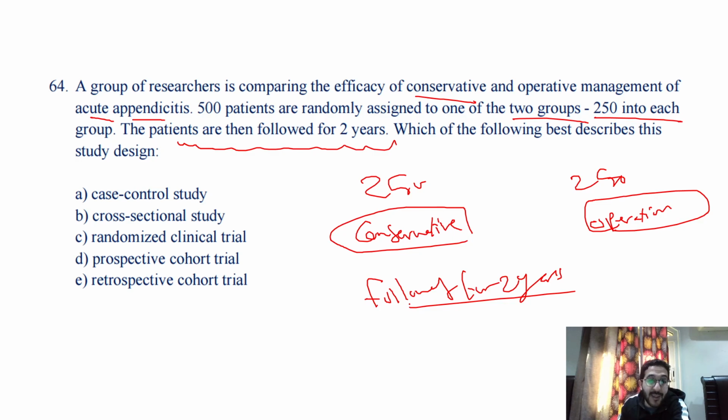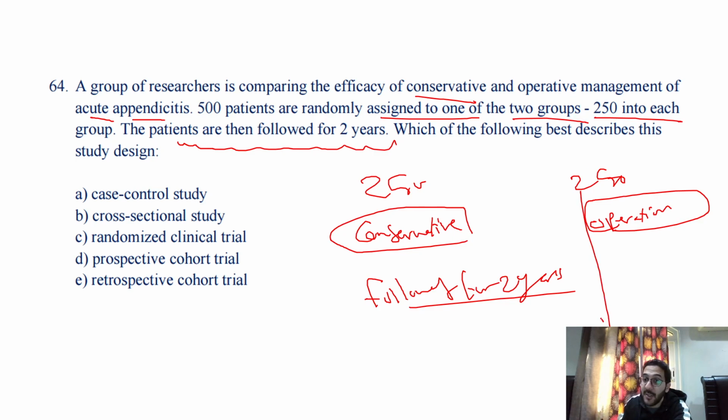I think this is a little bit obvious. You compare the efficacy between two groups, and you're doing something here. You're not just observing. You're comparing the efficacy of two things and then following them over time to see what will happen. By the way, when you assign two groups, it's like controlling them and also intervening with an operation.